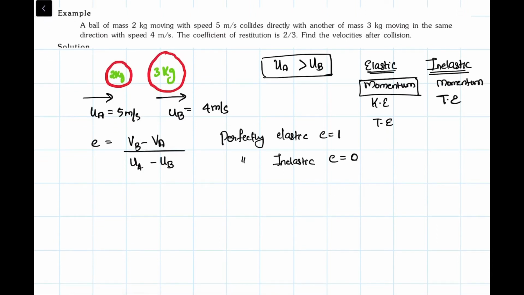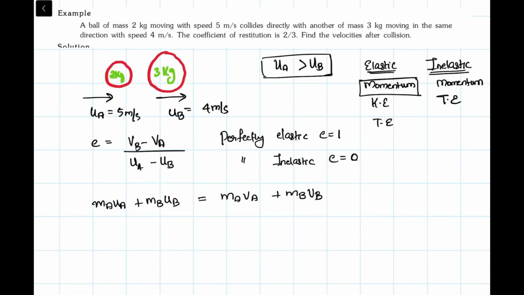Let's take the momentum conservation principle, that is the momentum before collision, which is MAUA plus MBUB, equal to MAVA plus MBVB. That's the momentum conservation equation.